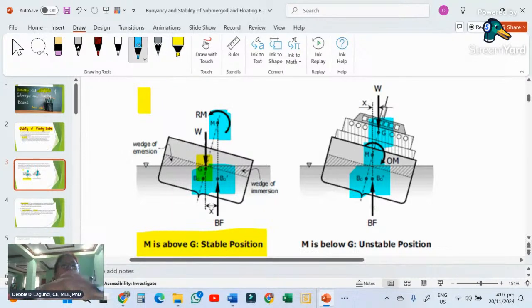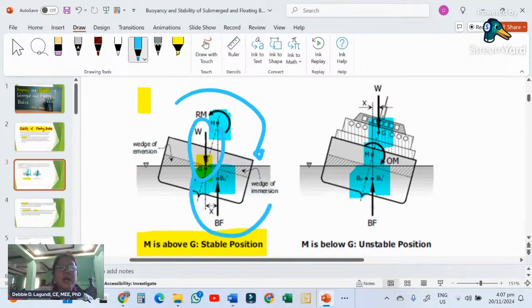Why? Because the body seems to tilt this way, but because the weight will have a counter moment of the tilting that is called the righting moment, then it will go back to its original position.